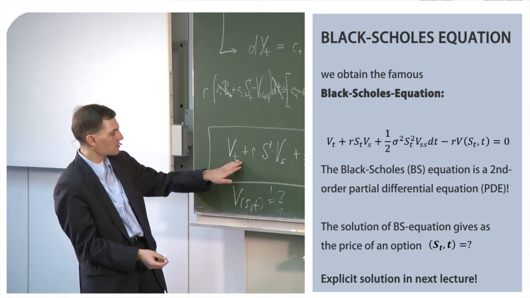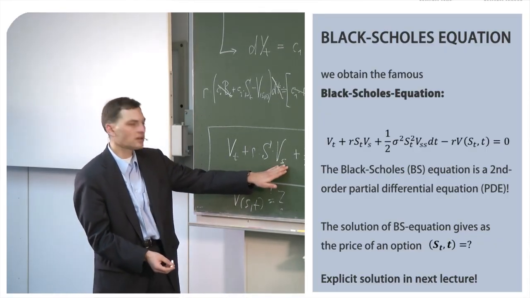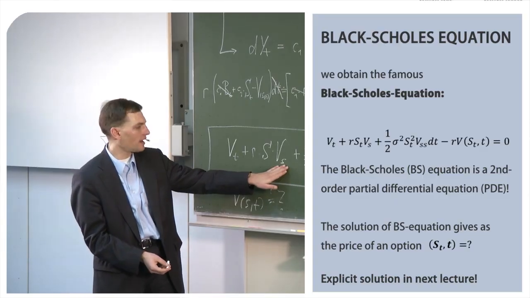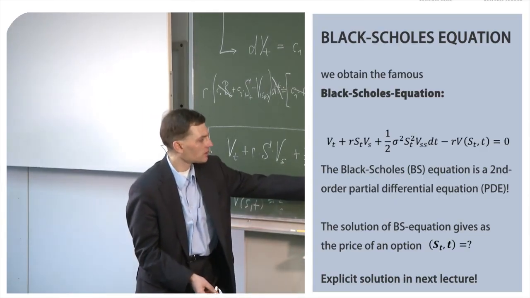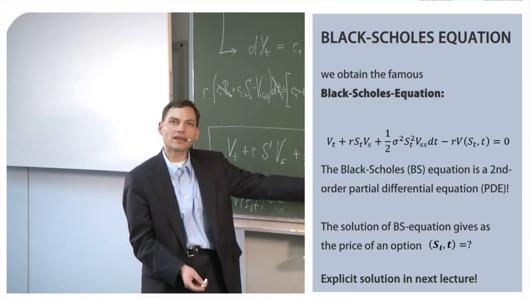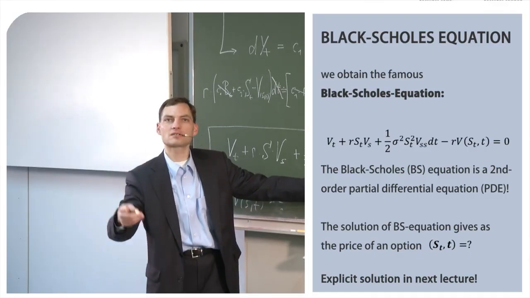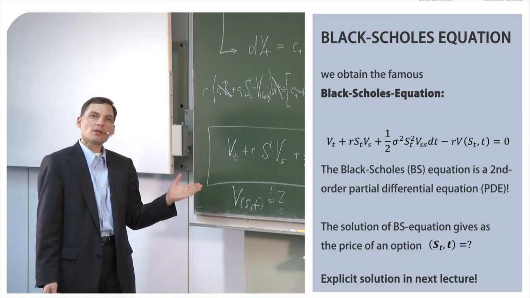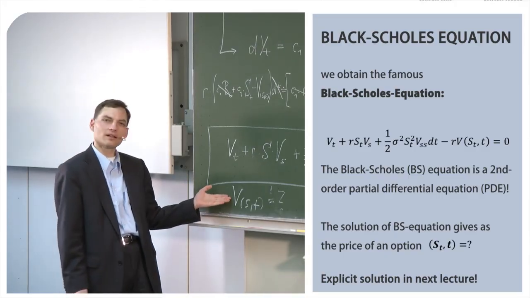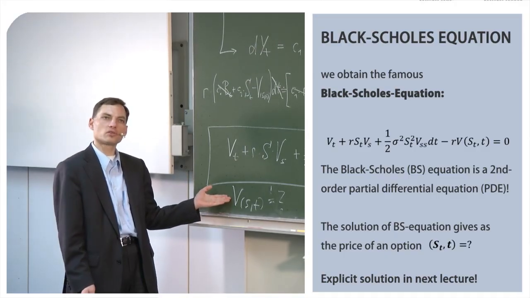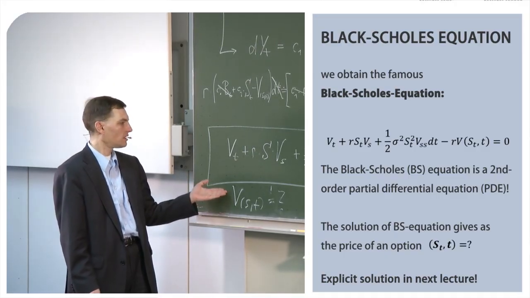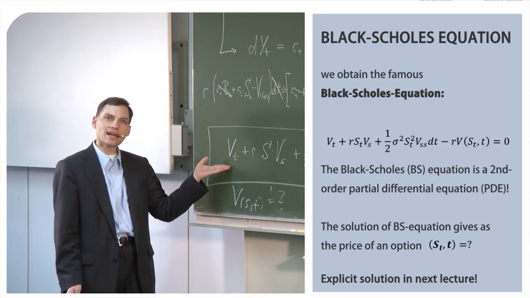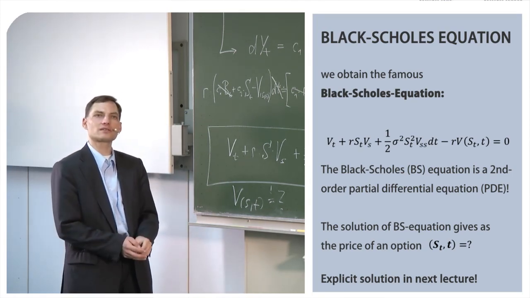We have a partial differential in respect of t and in respect of s, the underlying. We have a second derivative in respect of the underlying, therefore it's a second order partial differential equation. So in the end, the problem we have to tackle to solve Black-Scholes equation is we have to solve the second order partial differential equation.